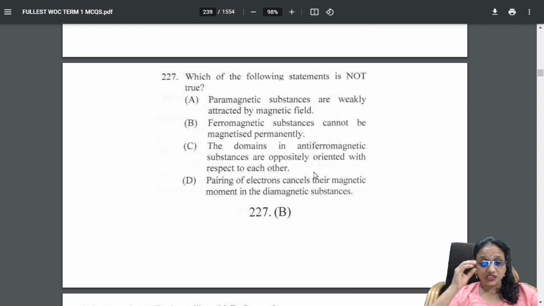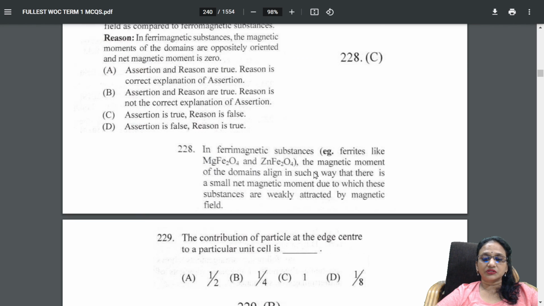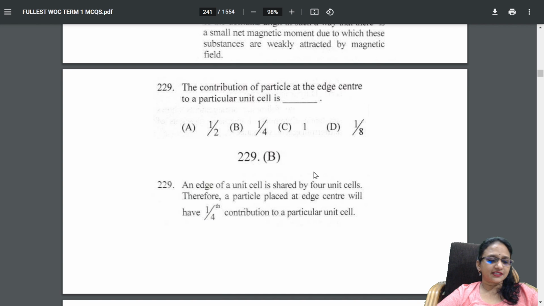Which of the following statements is not true? There's an assertion-reasoning question on the magnetic properties also. One question on edge length has come here.